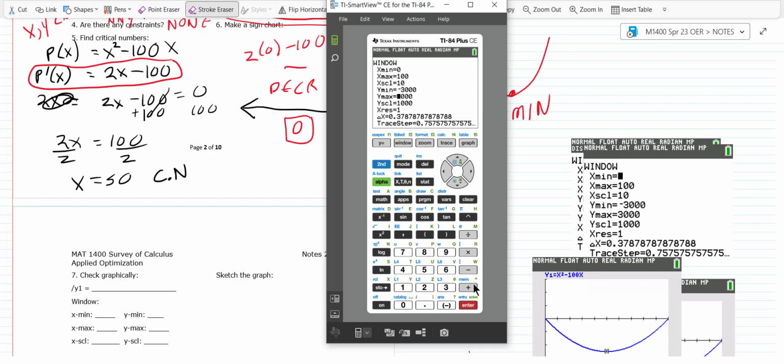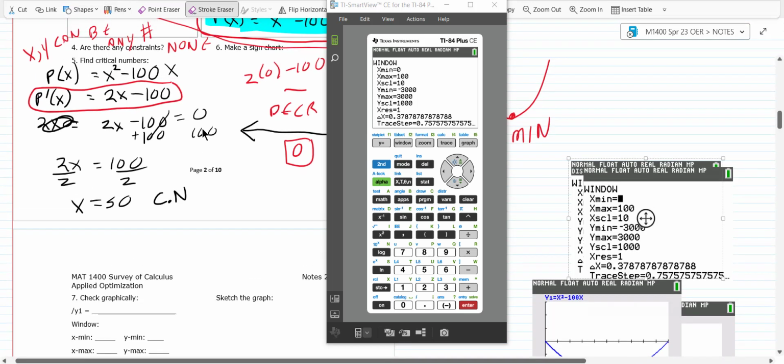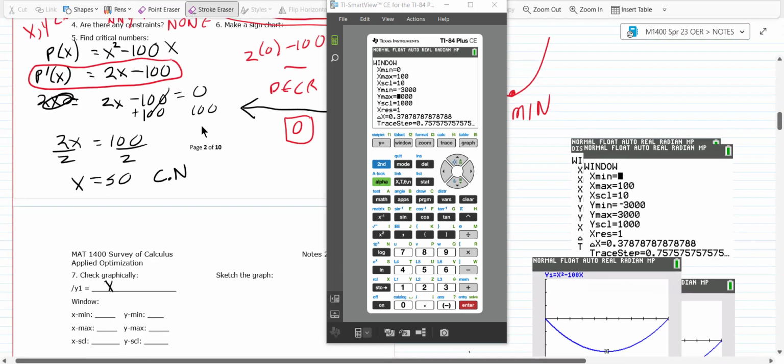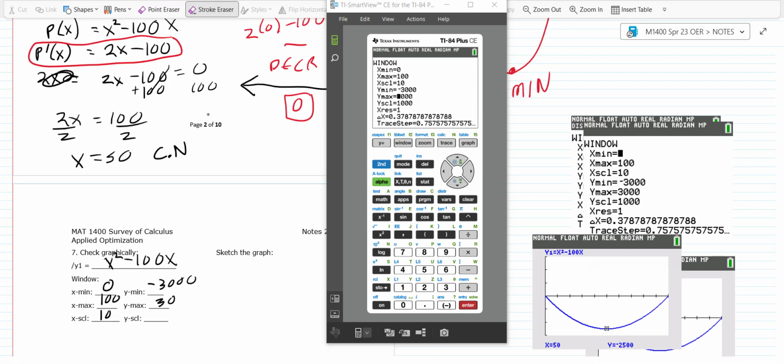So you want to get that set up, and you should write down in your notes what you are graphing just for reference. We're graphing the objective function x squared minus 100x, X minimum 0 to 100 by a scale of 10, Y minimum negative 3,000, Y max 3,000 by a scale of 1,000. Once you get that set up, this is what your graph looks like.